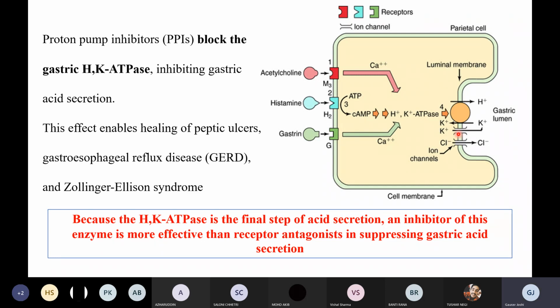Anyone? Yes, sir. Okay. See, for example, now we are talking about the drugs that are acting inside the stomach, right? Agree? All the drugs we are discussing now are acting in the stomach, in the parietal cell, right?